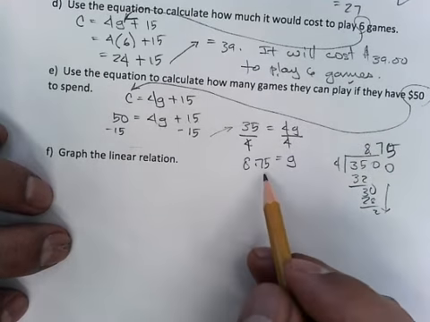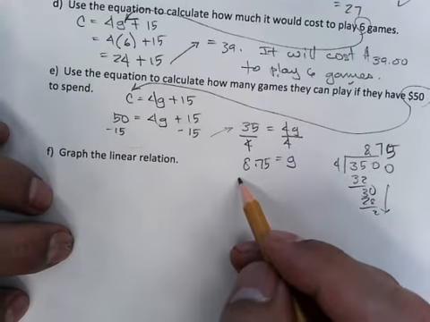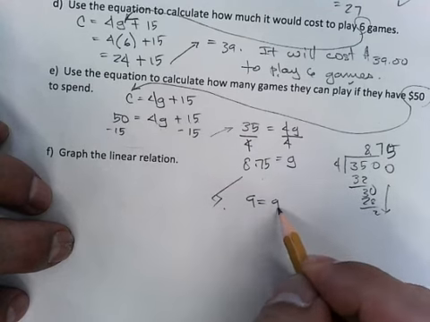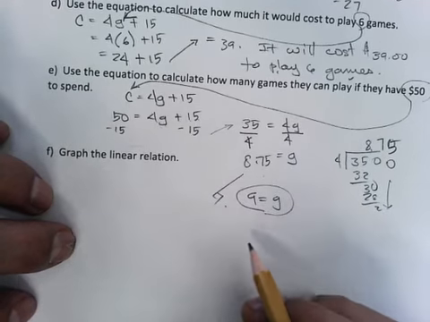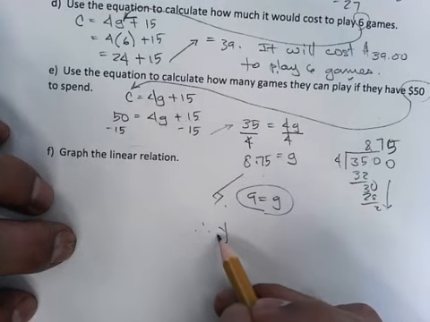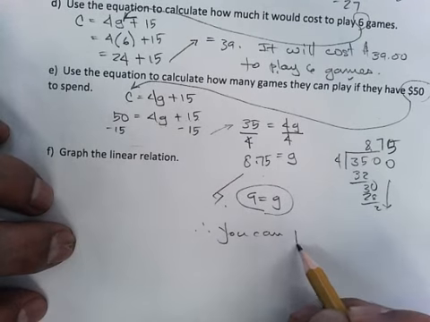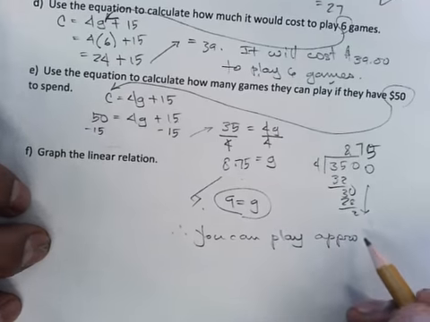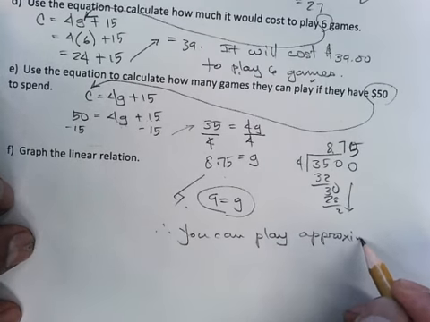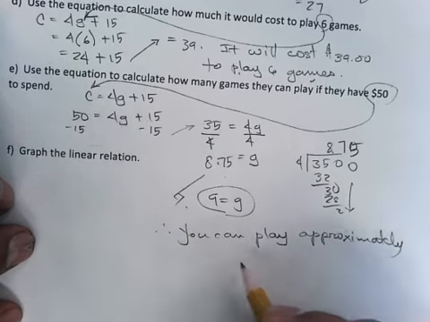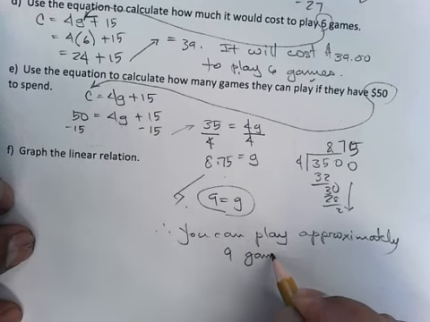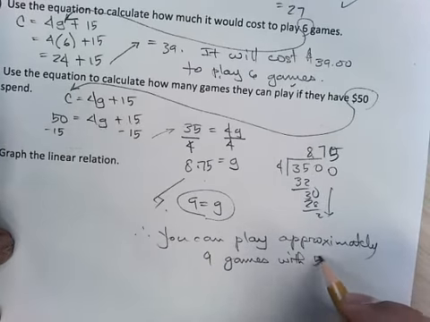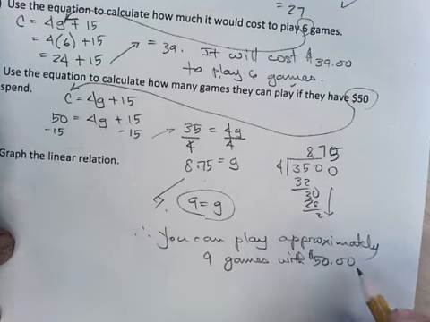Well, might as well round it up to 9 or 8. So G is equal to 9. So you can play approximately 9 games with $50.